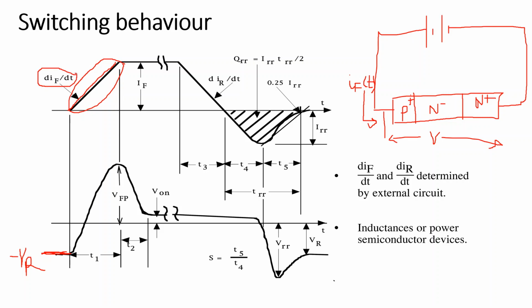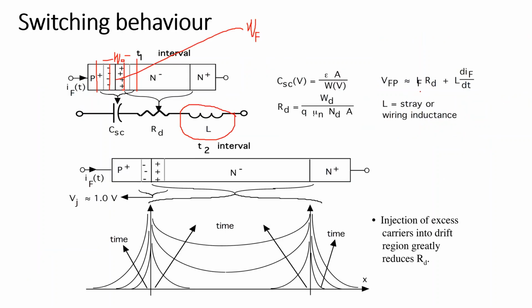Now what happens to the voltage in this duration? The voltage across this diode is due to two values. One is the voltage across this, which is IF RD, shown here, and another is the voltage across this inductor, which is shown here by L dIF by dt.